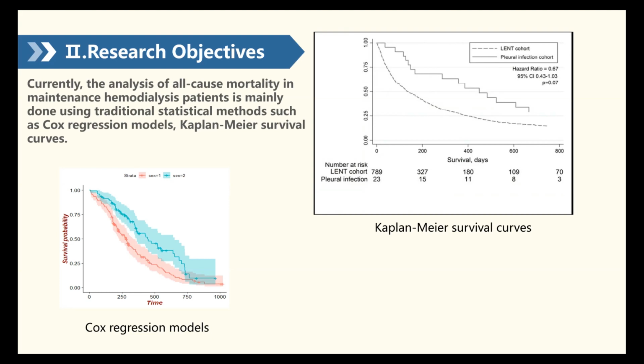Cox regression is divided into single factor and multi-factor analysis, and Kaplan-Meier methods can plot a patient's survival curve based on a single factor, so as to determine the impact of characteristics on patient mortality events.